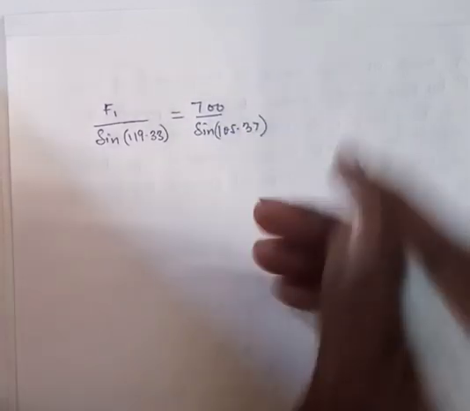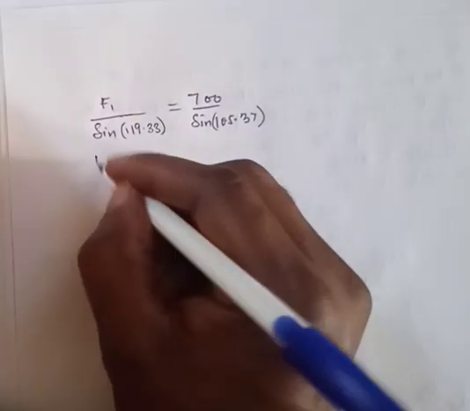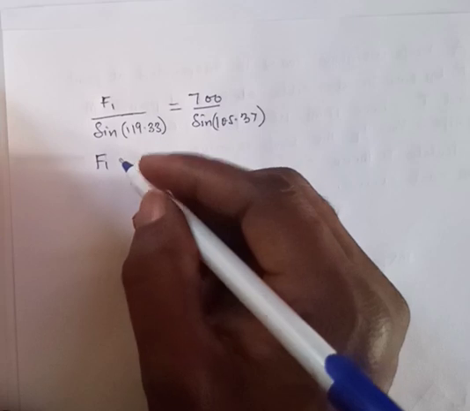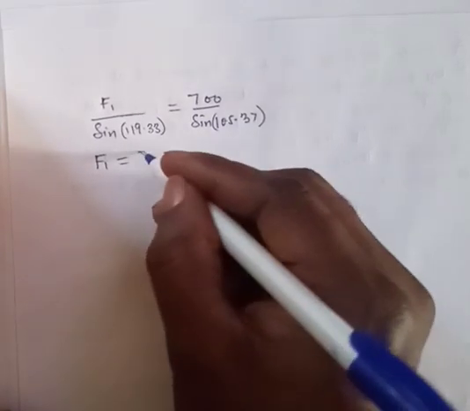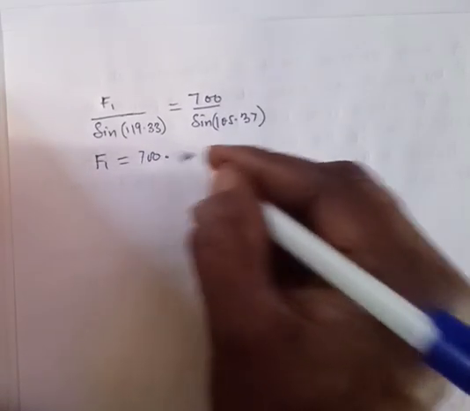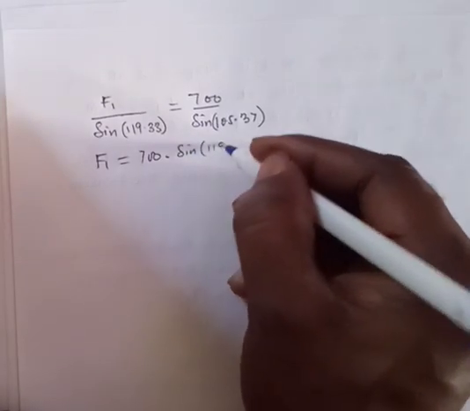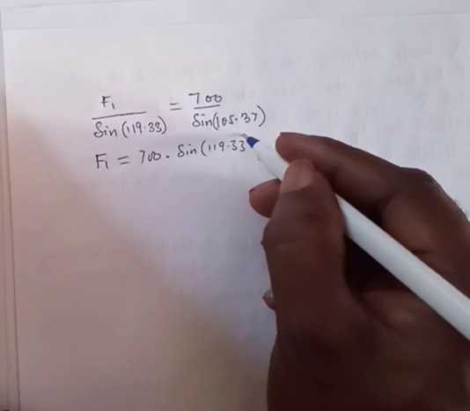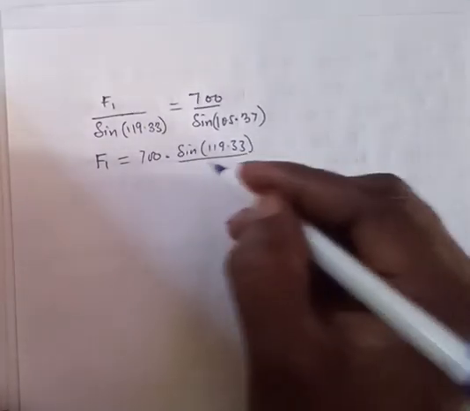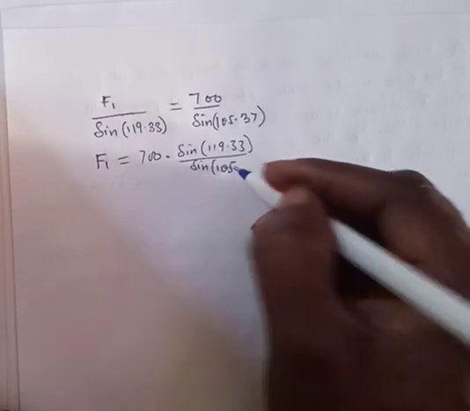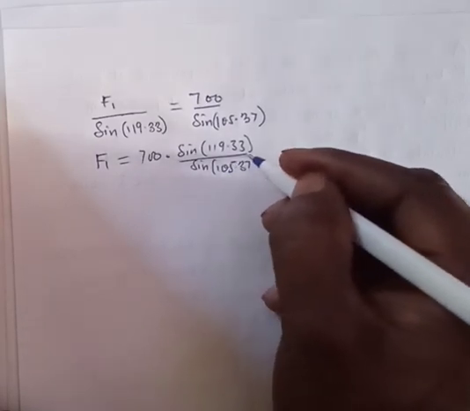105.37. Good. So our F1, which is the tension in the first string, is equal to 700 times sine 119.33 divided by sine 105.37.